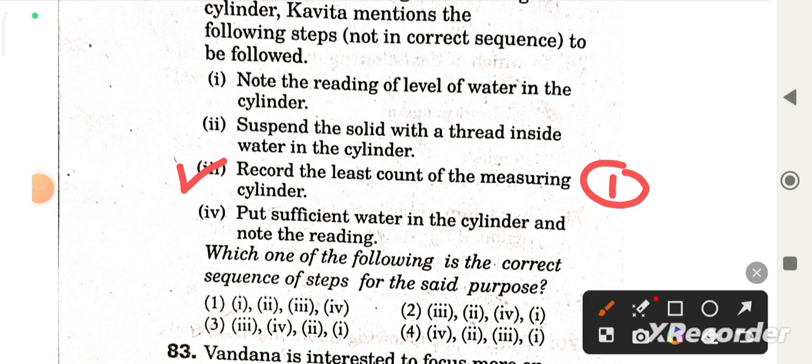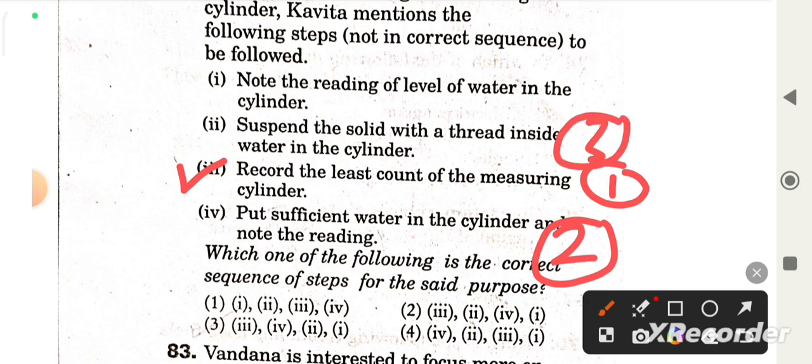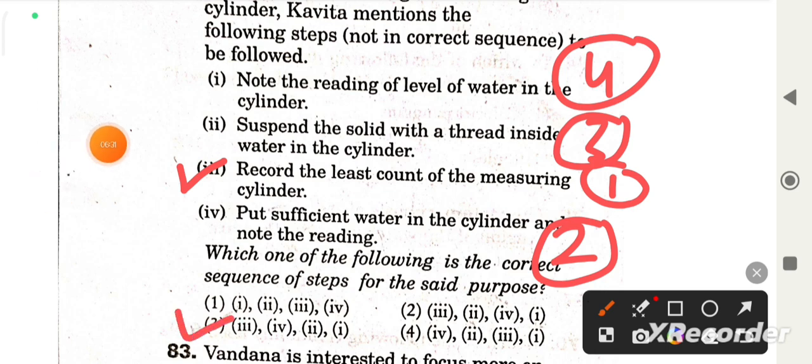After that, put sufficient water in the cylinder and note the reading. After that, suspend the solid with a thread inside water in the cylinder. And fourth one is note the reading of level of water in the cylinder. So third, fourth, second, first, it will be the correct option.